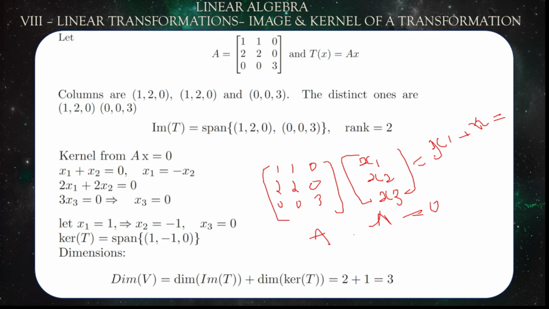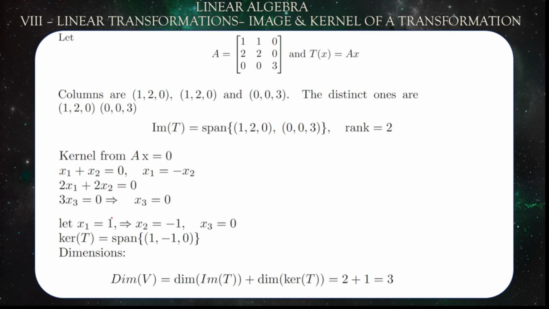You have x1 plus x2 equals 0. Then you have, for the second row, 2x1 plus 2x2 equals 0. Let me rewrite the first equation: x1 plus x2 is equal to 0. Finally, you have 3x3 equal to 0. So let us find the kernel. Let's assume x1 equal to 1.